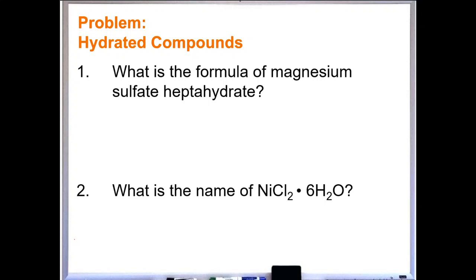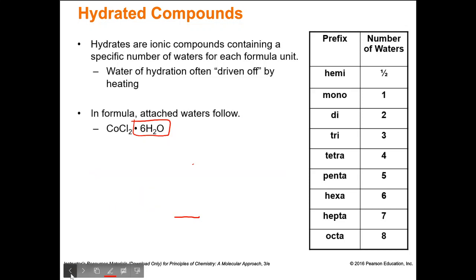Magnesium is in group 2, so we can only have one charge state here. We have sulfate along with it, so we can go back to our polyatomic ions real quick.